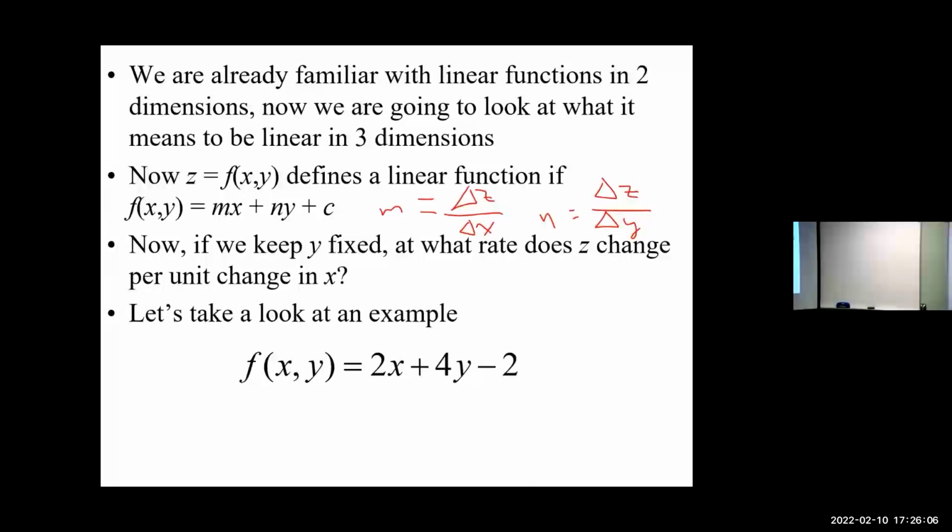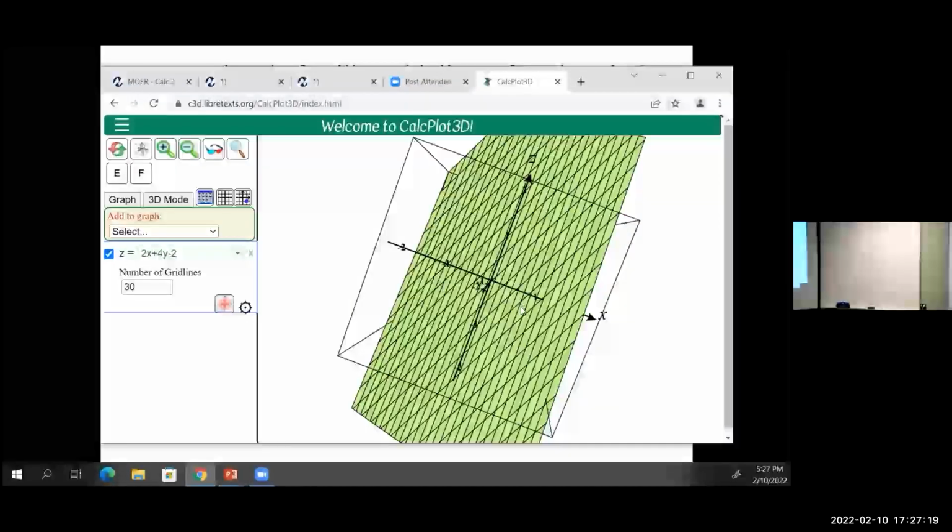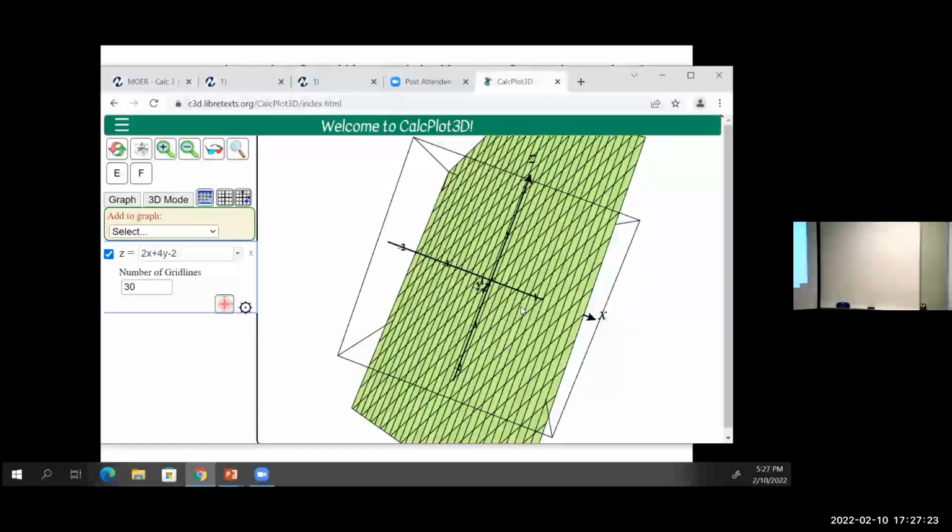So for instance, we have CalcPlot3D. One of the things, like I said, is we're not going to draw a whole lot of 3D graphs in here. It's really difficult. Planes are incredibly difficult to draw in 3D.